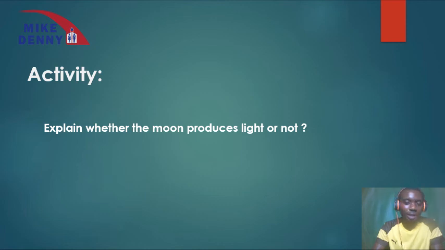And I quite remember you did the moon as maybe one that produces light or not. But I would like you to explain to me whether the moon produces light or not.